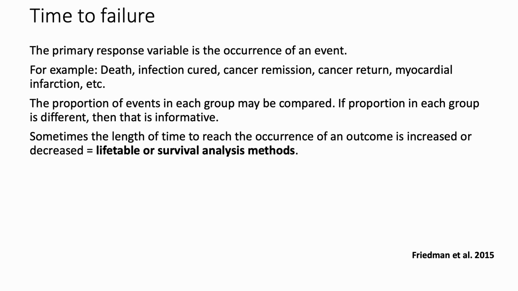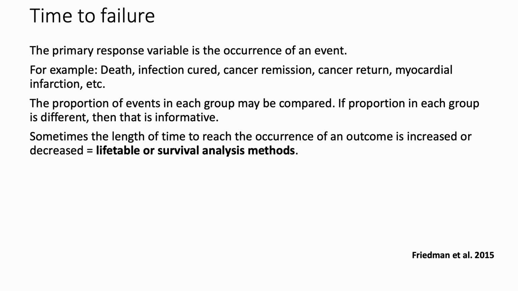Now, let's look into the proportion of events. So the proportion of events in each group may be compared. It means that now we have two groups of patients, both being at risk of myocardial infarction. And now we are going to look into the proportion of events. So what proportion of patients are going to experience myocardial infarction?